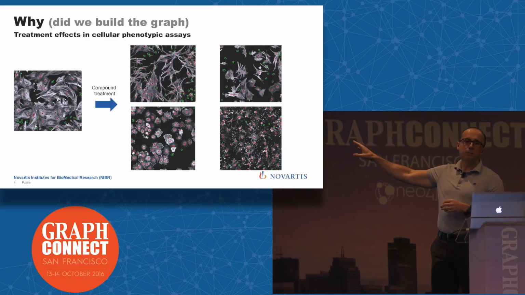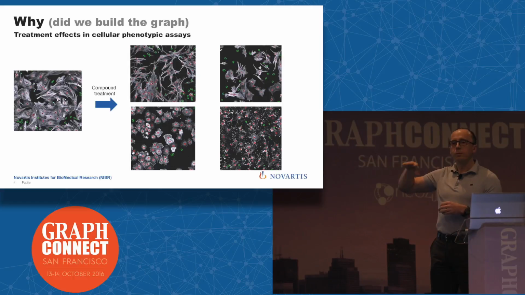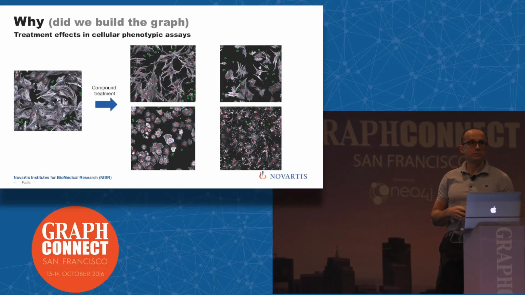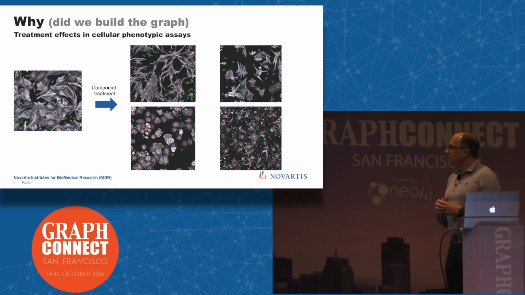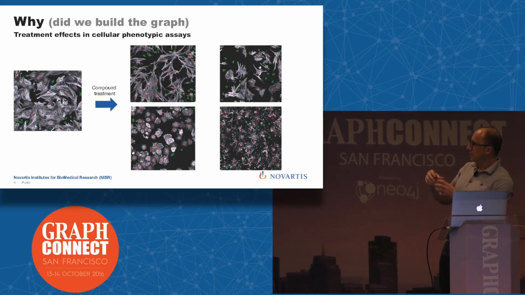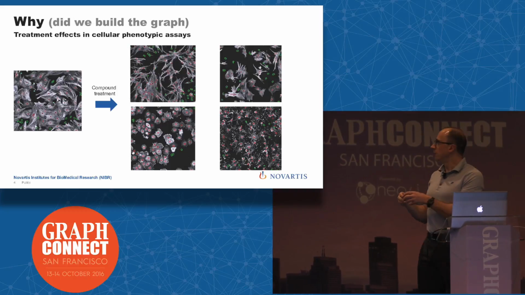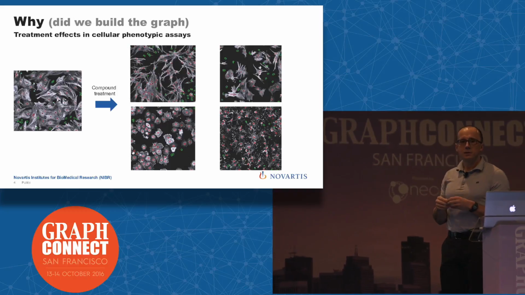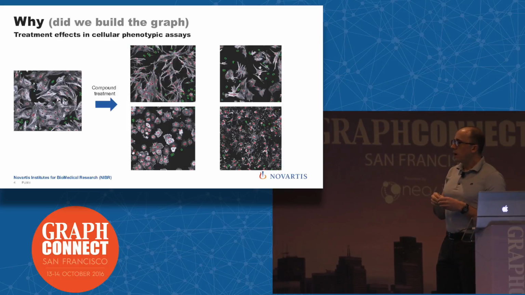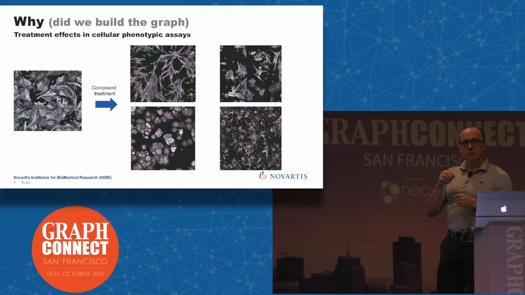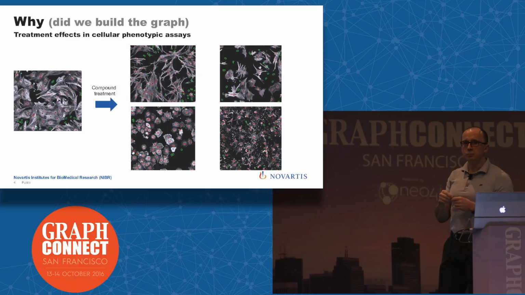We have these big automated microscopes with lab automation, and we can easily generate terabytes and terabytes of images along those lines. So what you see here in white is basically the cell body. The red circles are the nucleus, and green are the nuclei of cells that do not contain a certain protein.